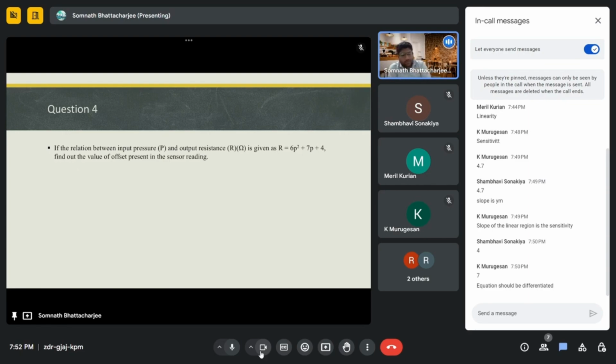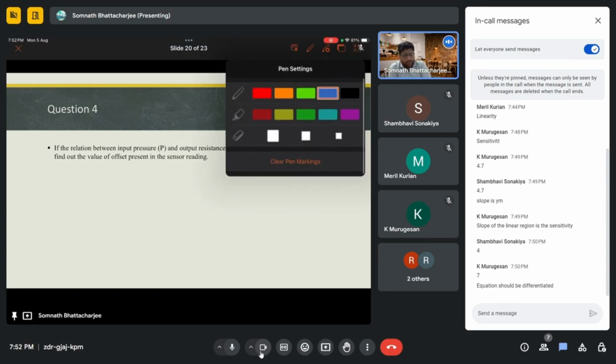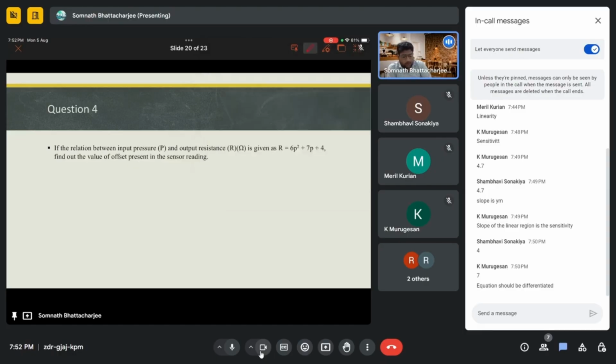In the previous case we had got the value of sensitivity, right? Sensitivity was the change in the output value with respect to change in the input value.